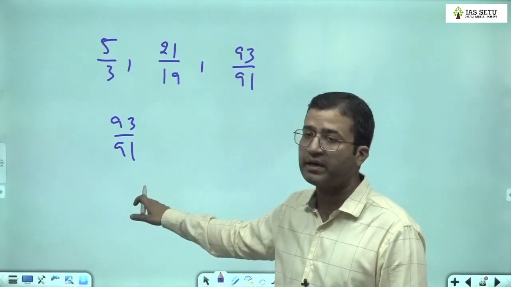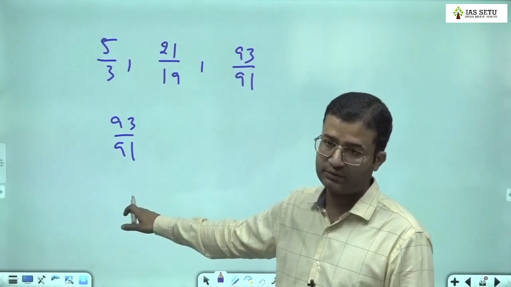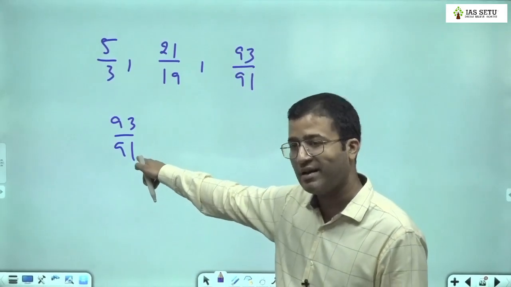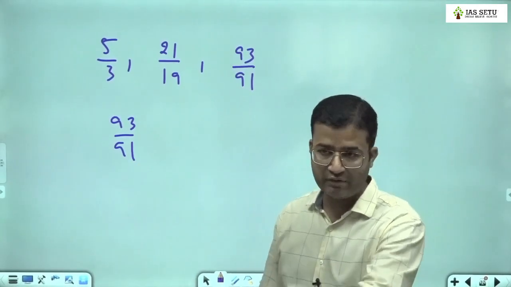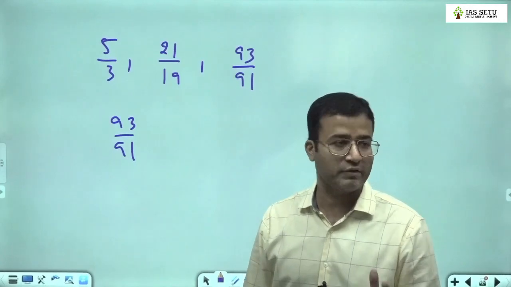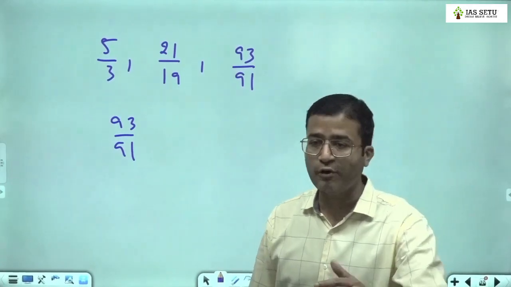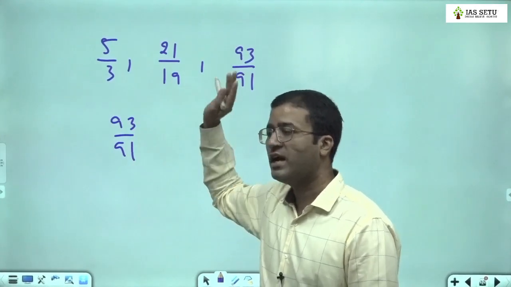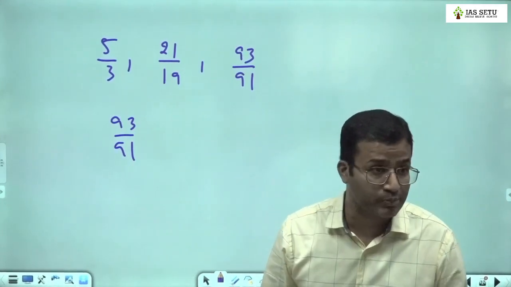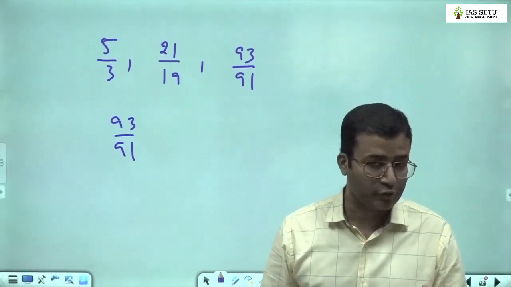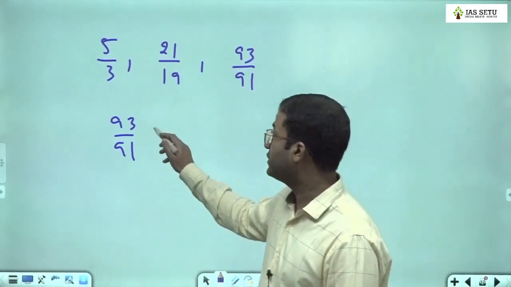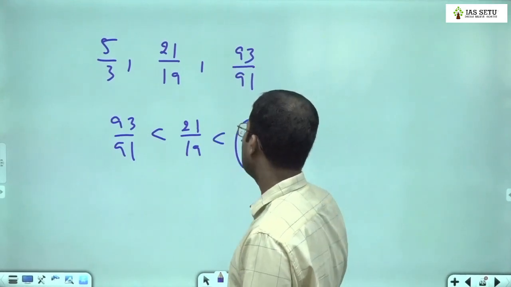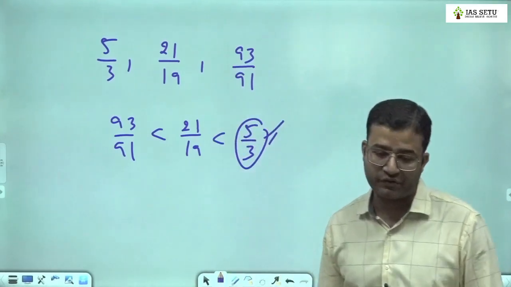Today 93 by 91 is the smallest fraction, but after 2 months many of you students will take largest. I guarantee you, I will tell you in the test also, होने वाला ही. In a flow, your mind will give a order, it is larger, and you consider this is the largest. So be careful. You have to be more attentive. This is smaller than 21 by 19, smaller than 5 by 3. 5 by 3 is the largest fraction.